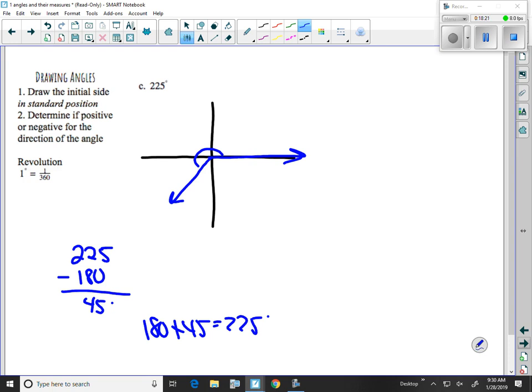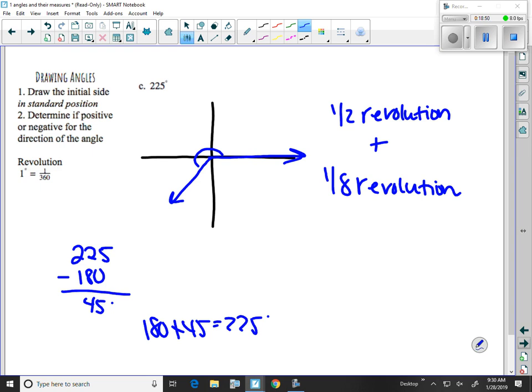Okay, how many revolutions is 180? 1/2 of a revolution. So we went 1/2 of a revolution plus our 45 degrees, which is how many revolutions? 1/8 of a revolution. So when you get an angle that's not like 45, 90, 180, 270, you're going to have to do the plus thing.